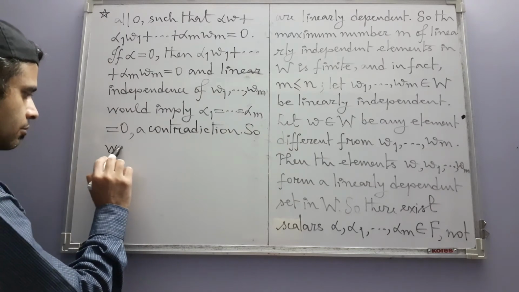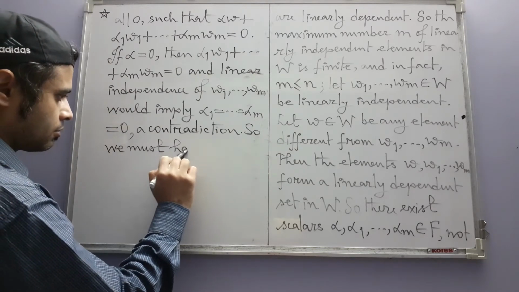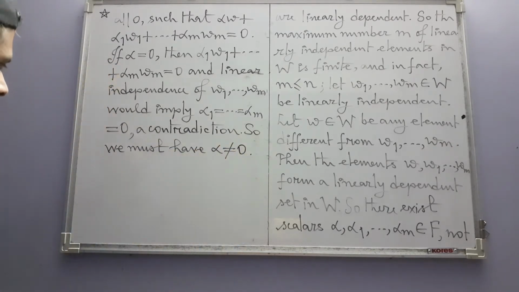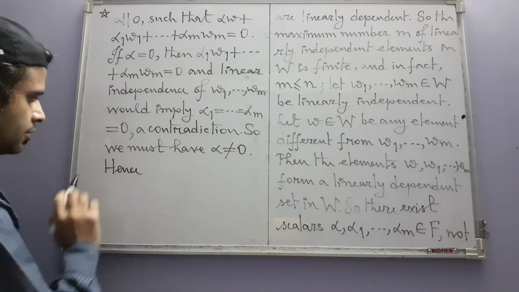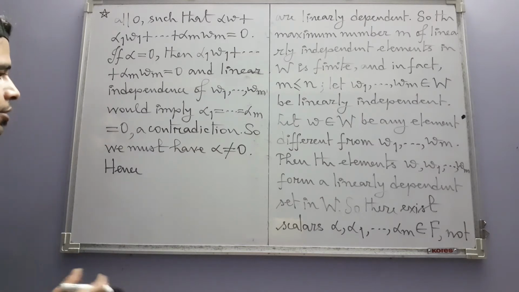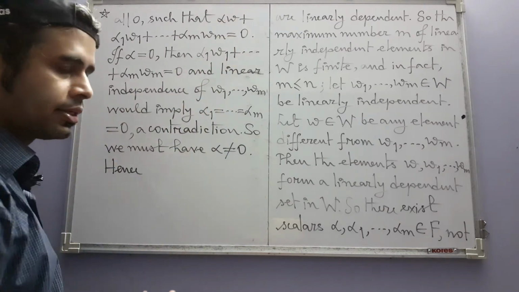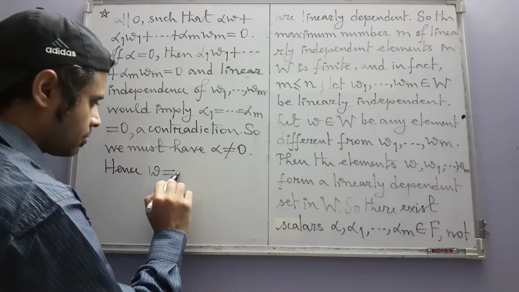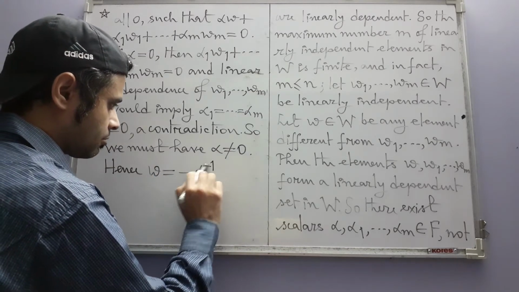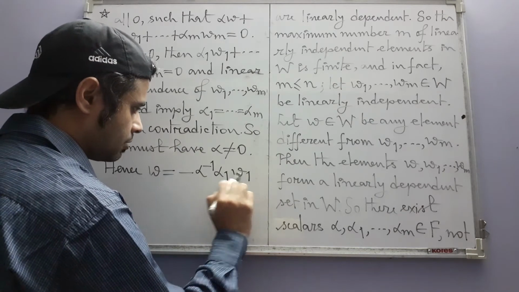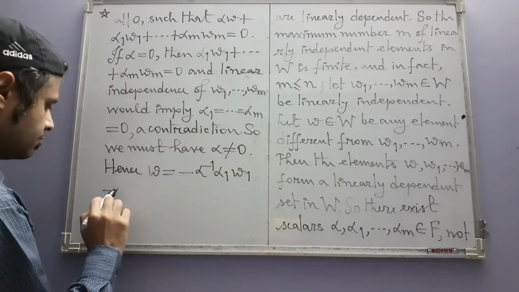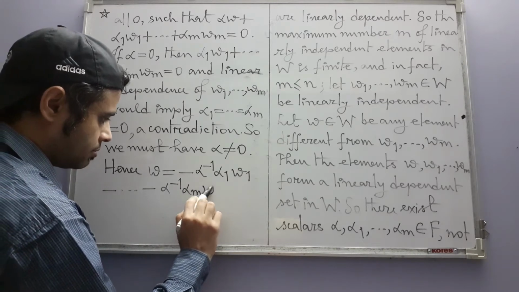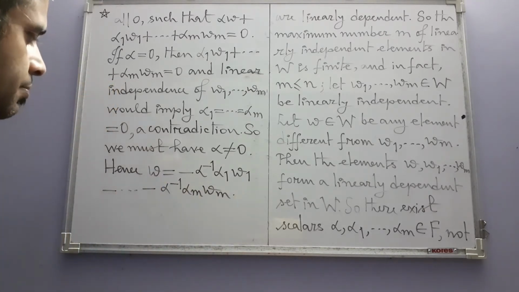So we must have alpha non-zero. But the moment you have non-zero alpha, you have a way of expressing w itself as a linear combination of the wi's in this way: w equals minus alpha inverse alpha 1 w1, minus alpha inverse alpha 2 w2, etc., minus alpha inverse alpha m wm.